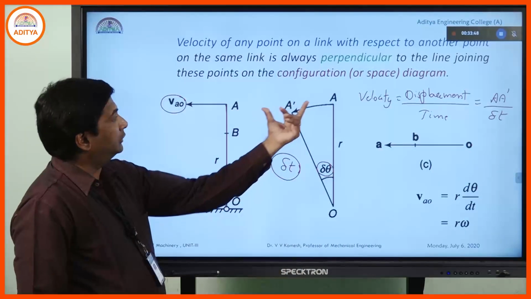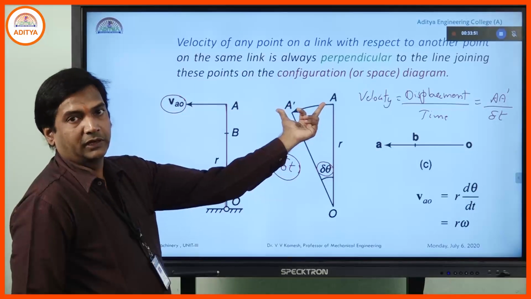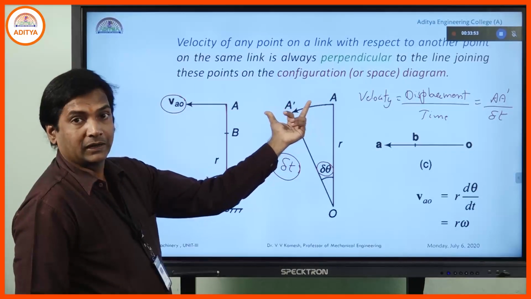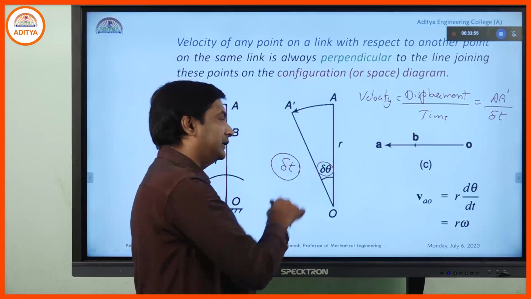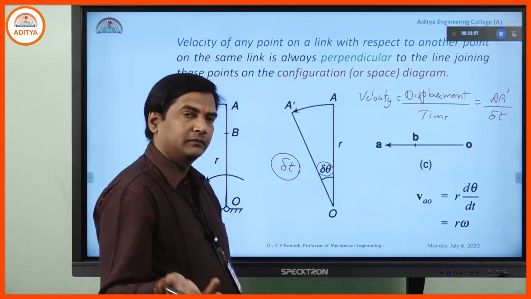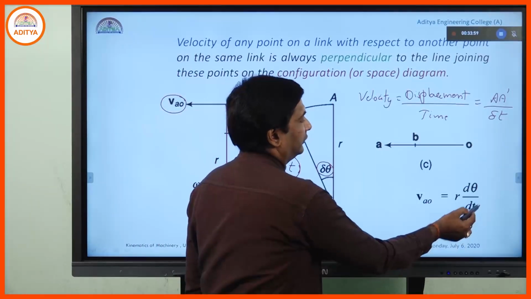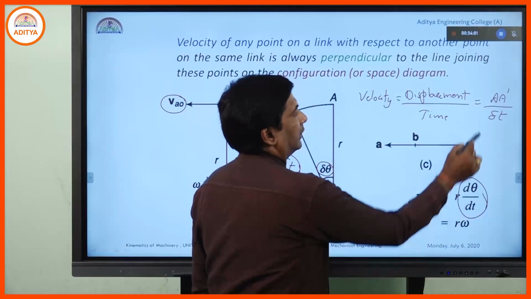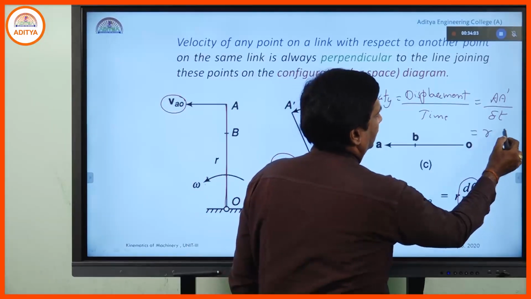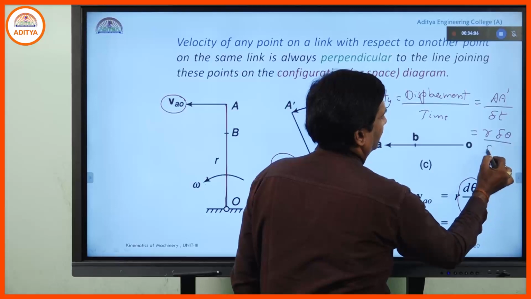So, how will AA dash be calculated? It is equal to r delta theta, or r d theta, or r into theta. So AA dash by delta t will become r delta theta by delta t.